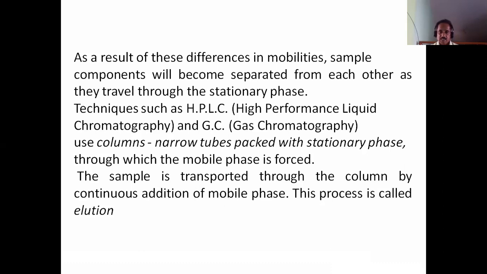The sample is transported through the column by continuous addition of the mobile phase, and this process is called elution. Elution is nothing but the removal of the individual compounds one by one, just like fractional distillation. The compounds are eluted from the stationary phase by using different eluents, or by varying the pH, etc.